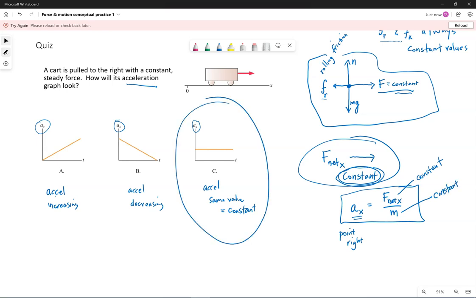Then the acceleration has to stay constant. What that means is the velocity of the cart is going to keep getting bigger by the same amount to the right. It will speed up the same amount every single second. So relating forces to motion in terms of acceleration here.